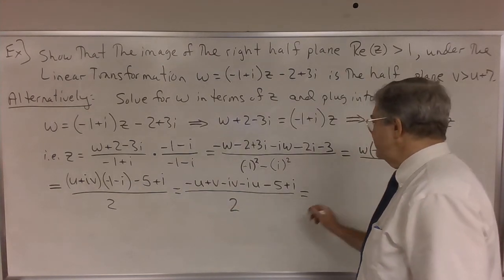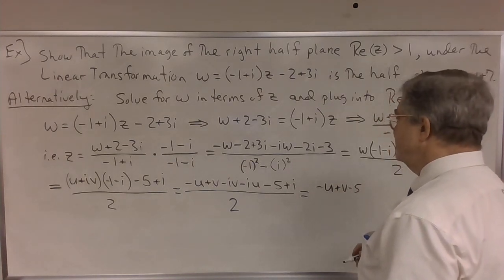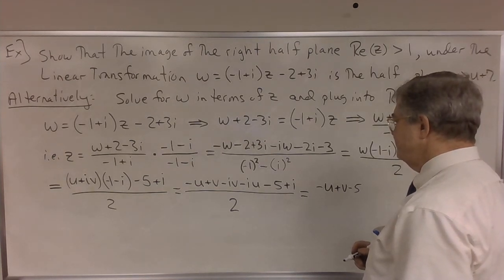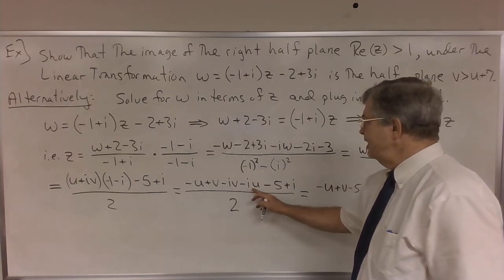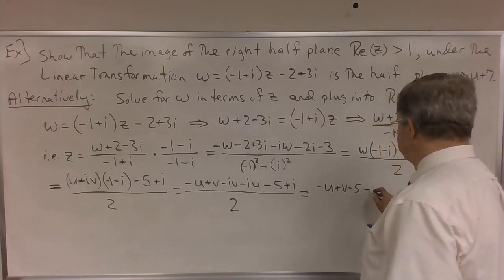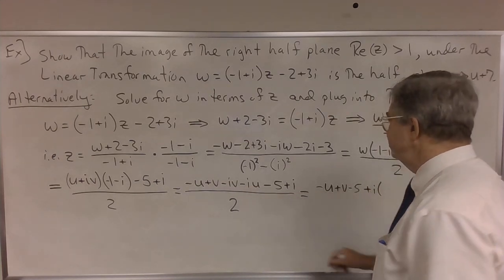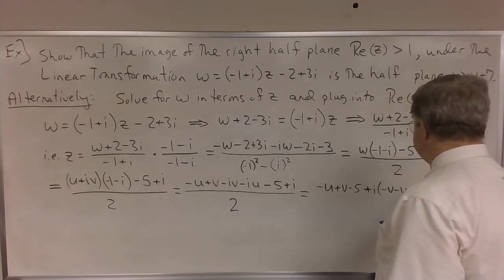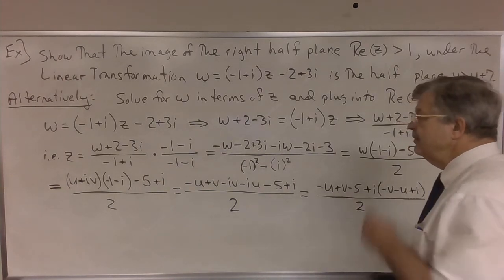Minus u plus v minus 5. And let's see what else. Minus i times v plus u plus 1, no. Let's say plus i times minus v minus u plus 1, all over 2.